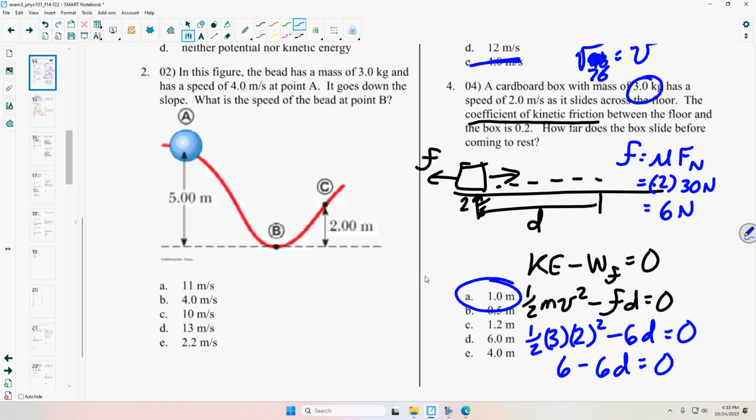If you were clever with that, if you didn't know the mass, instead of putting 30 newtons here, I could have put mg, and then I would have had 0.2 times mg, and then the masses would have canceled out. So I didn't really need to know the mass, but I gave it to you, so that's why I just plugged it in. But beware, you don't need to know the mass. It does cancel out because it's in every term. Okay. Be careful of that.